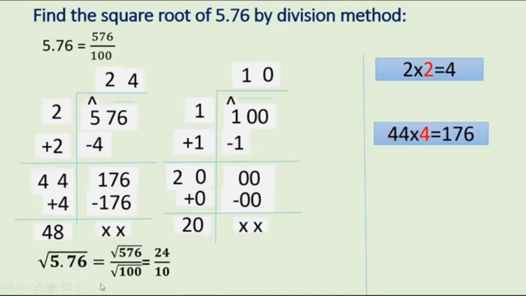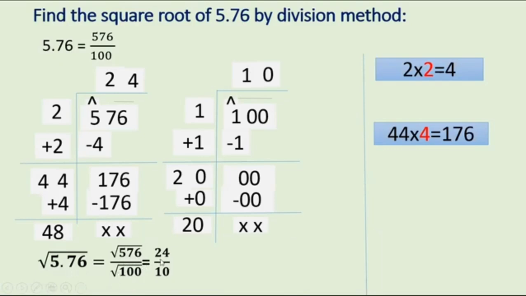Now students, here you can write the answer in this way. First you have to copy the question, that is 5.76. Then 5.76 is converted into a fraction, 576 upon 100 within the square root.